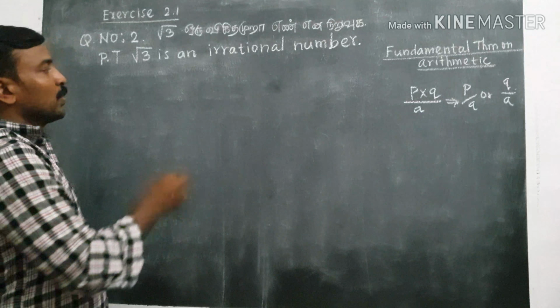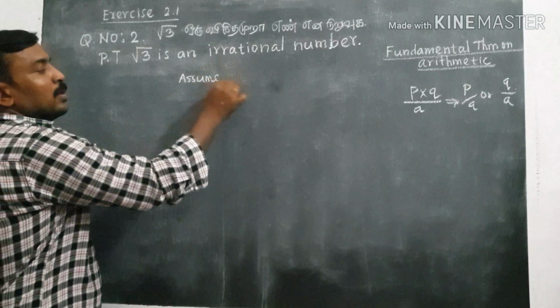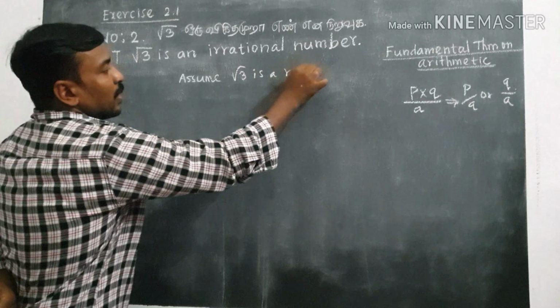Now to prove this, we assume that root 3 is a rational number.